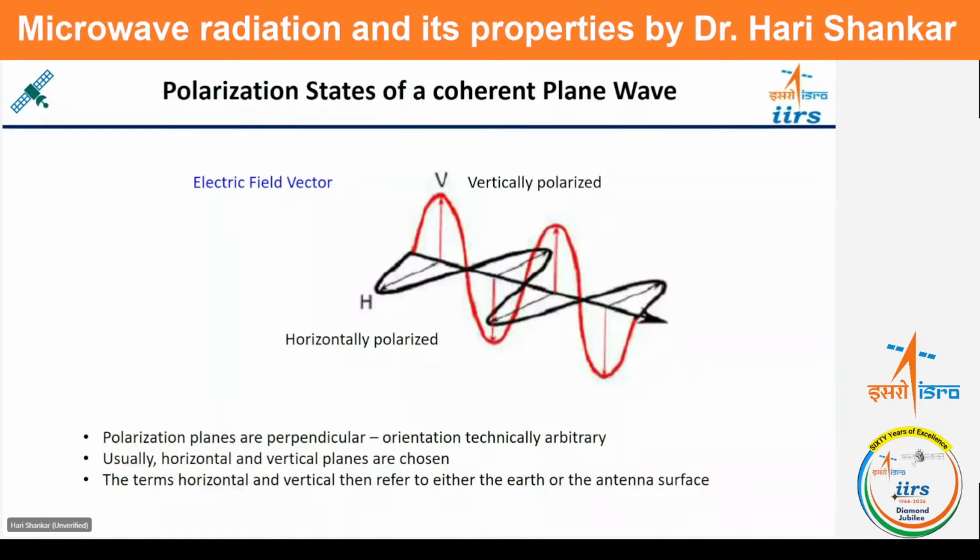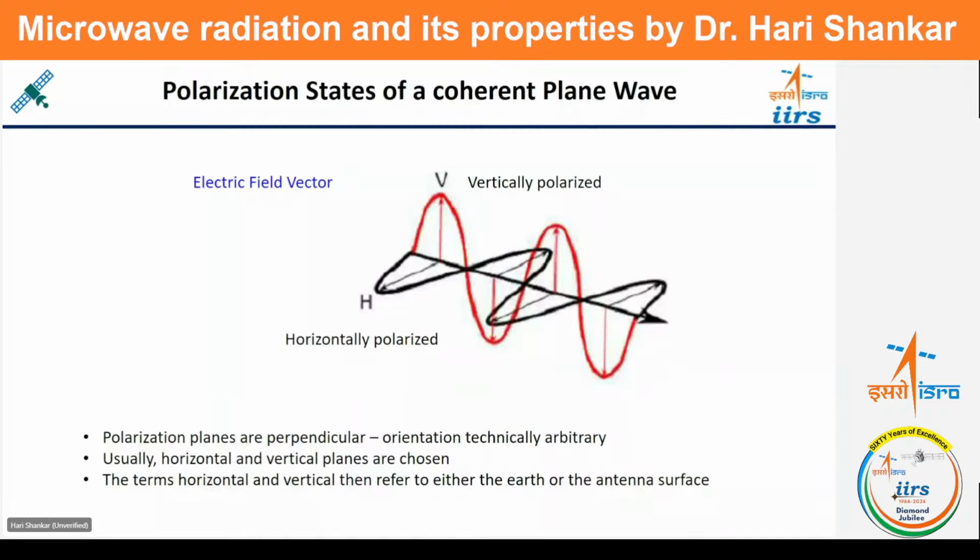I don't think any sensor is using the elliptical polarization, but circular is being used by the Indian RISAT, RISAT-1 or RISAT-1A. In both we are using the circular as well as the plane polarization, but no one else is using circular or elliptical polarization.